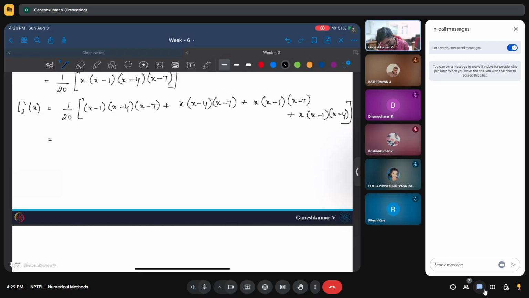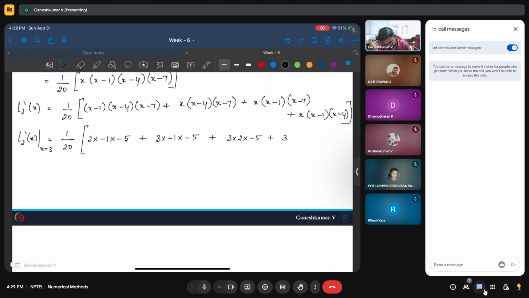All right, so let's substitute L2 dash of x at x equal to 3. Let's substitute those values. So this will be 1 by 20. Now if you substitute 3 here, it's going to be 2 minus 1 minus 5, plus this is going to be 3 minus 1 minus 5. Now this is going to be 3, 2 minus 5.